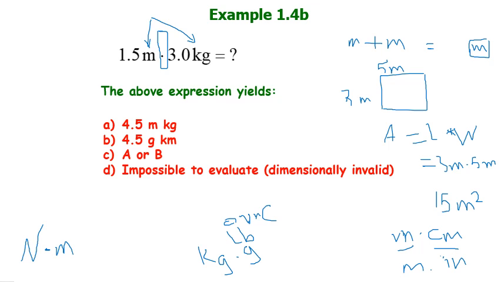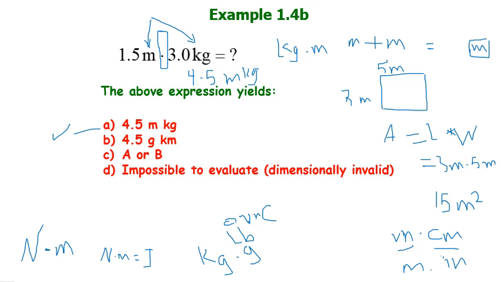Newton times meter, Newton meter. Newton meter equal joule. So here we can multiply kilogram times meter. So the answer would be 3 times 1.5, which is 4.5. We can write the meter first, then the kilograms, or kilograms first times meter. So the first one will be right.